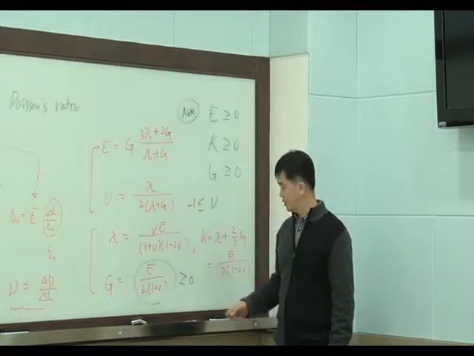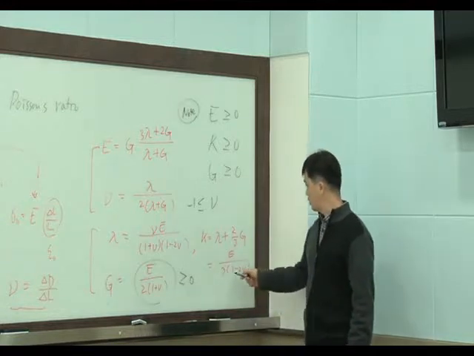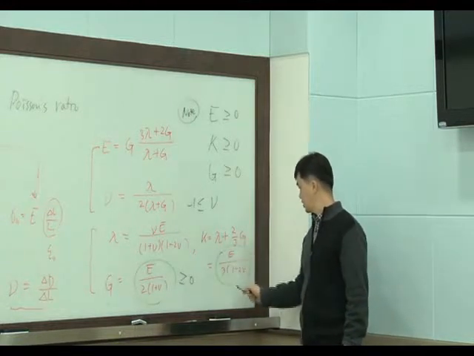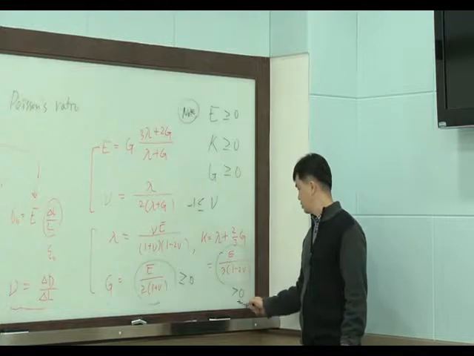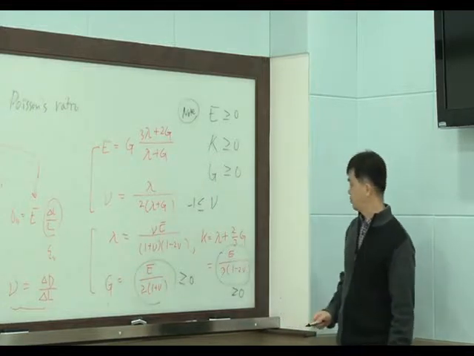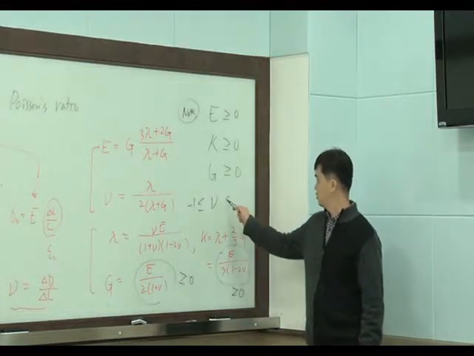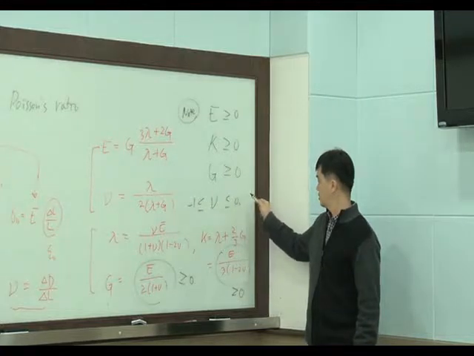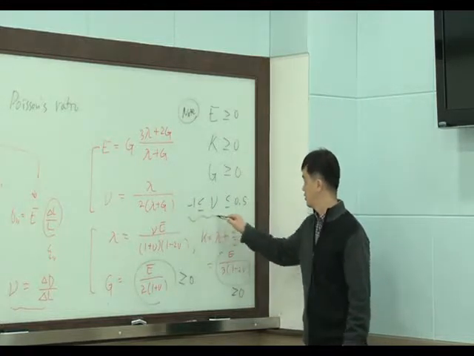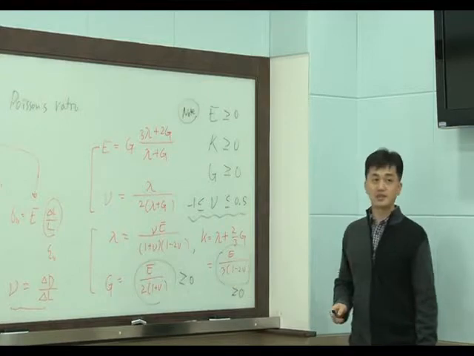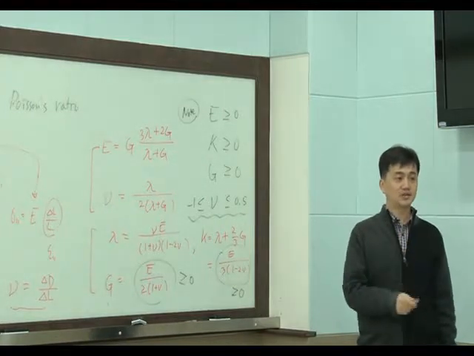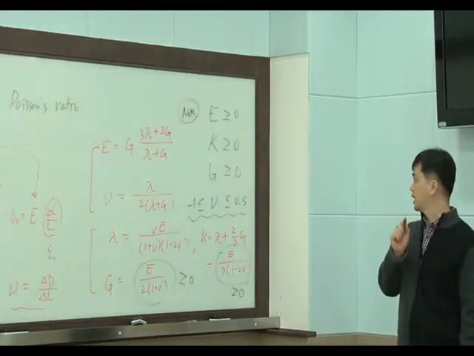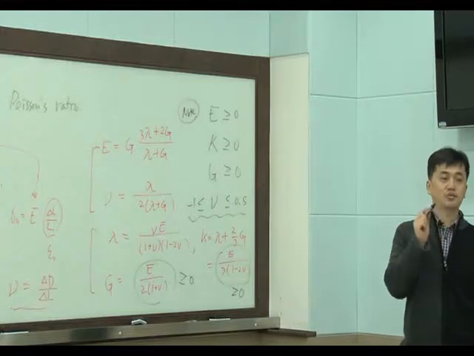And also bulk modulus should be bigger than 0. So 0.5. So the range of Poisson ratio is from -1 to 0.5.